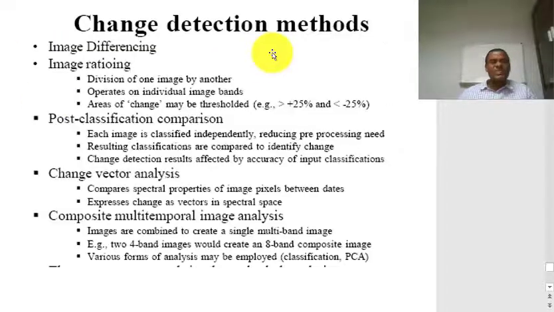There are a couple of methods for change detection. Most of the time we use post-classification comparison. Once you finish your classification, you compare the classified results, making a subtraction of one image from the other. This is the post-classification comparison method.